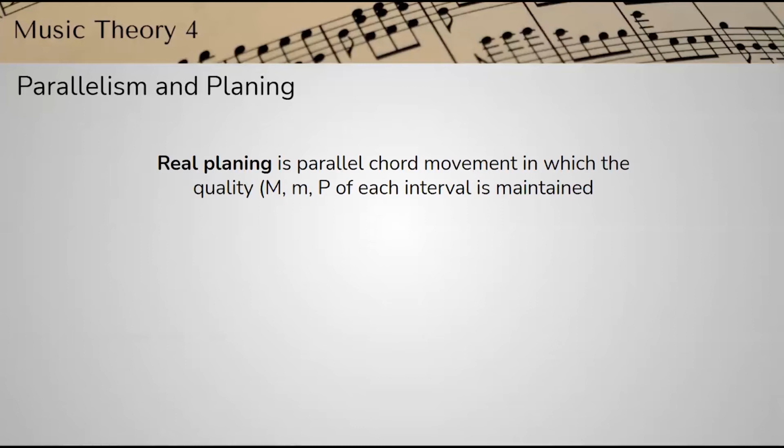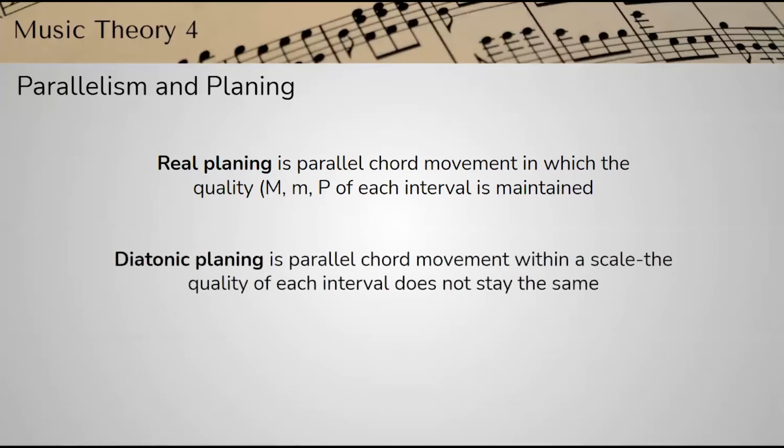When you move to the new chord, you have the same major, minor, and perfect intervals in the chord, so you might be adding accidentals. Then you have diatonic planing on the other side, which is parallel chord movement within the scale, so the quality of each interval does not stay the same. It conforms to whatever the key is. And the one I just showed you is actually an example of diatonic planing.